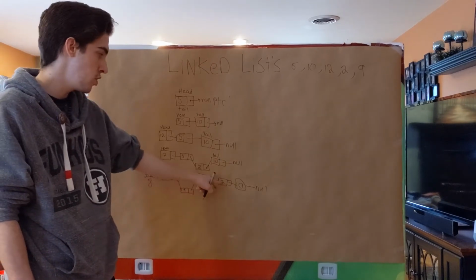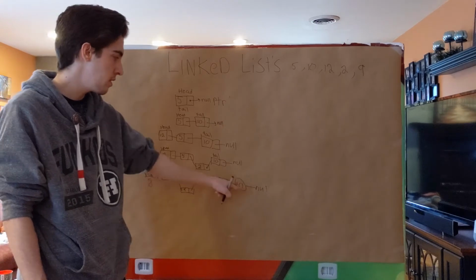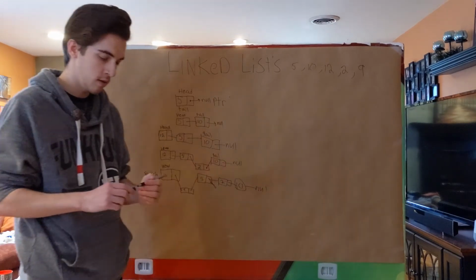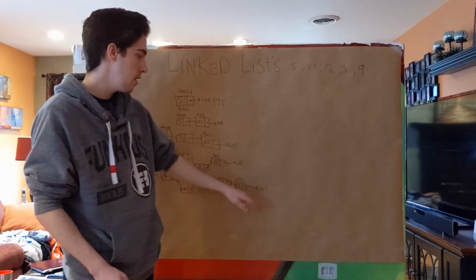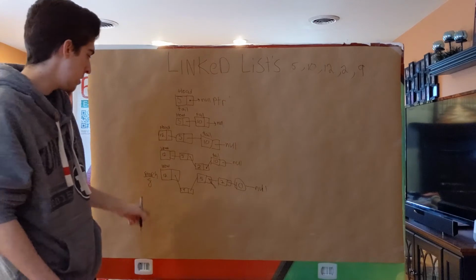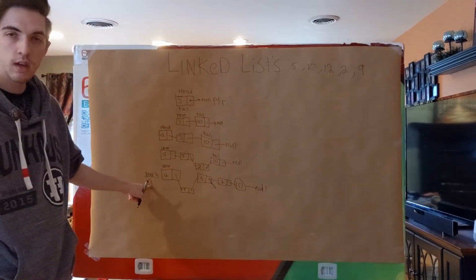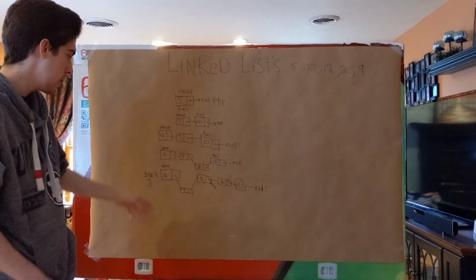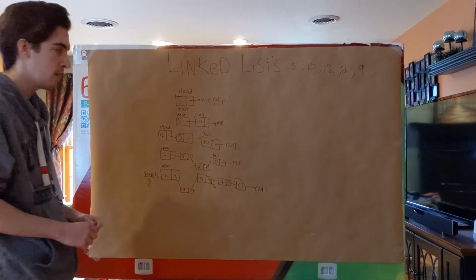Nope. 5 points to 2. Is 2 8? Nope. 2 points to 10. Is 10 8? No, it's not. 10 points to null. Since it's pointing to null, you know it's at the end, meaning 8 does not exist. So you would return saying 8 is not in this linked list.